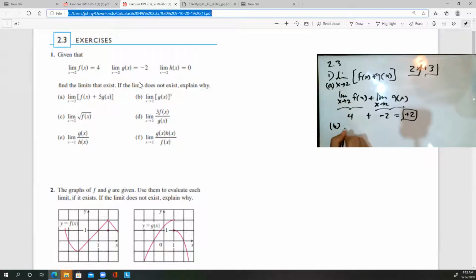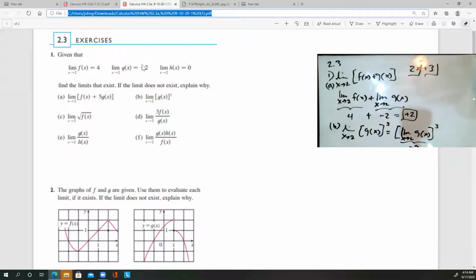Part B, the limit as x approaches 2 of g of x quantity cubed. So same thing as the limit, quantity of the limit as x approaches 2 of g of x, bracket cubed. We know that that is equal to -2, right?